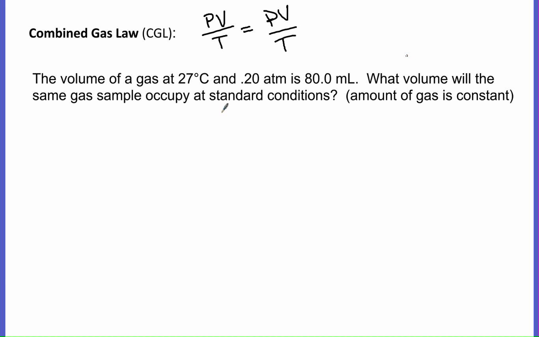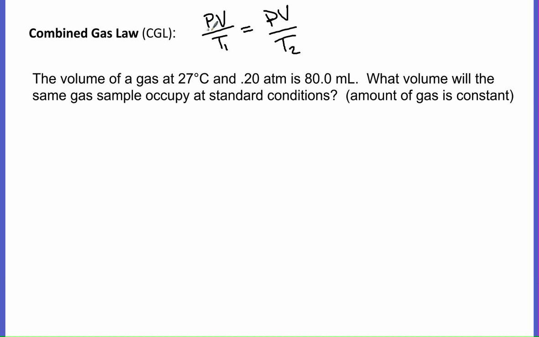Now, that being said, from here on out, you can actually use this equation exclusively, because as soon as you know that temperature 1 and temperature 2 are the same, you just cancel them out, and then you know that you're just doing Boyle's law. It's just pressure times volume equals pressure times volume.